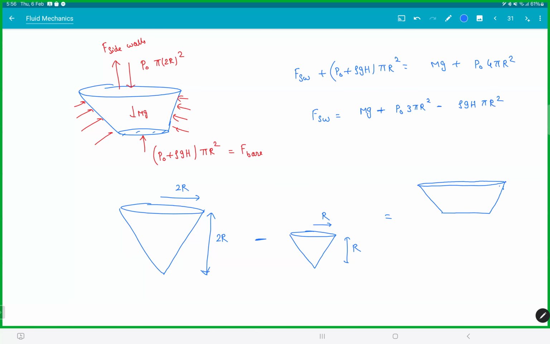So the volume of that piece is a full cone minus a small cone. And what is the volume of a cone? 1 by 3 pi r square h. R is 2r, h is 2r. This guy would be 7 by 3 pi r cube. Therefore, mass m will be rho into 7 by 3 pi r cube. Done. Take this and substitute here. You got your answer.